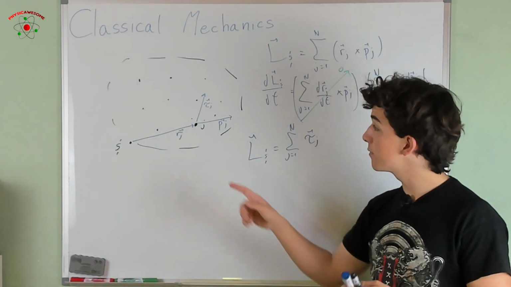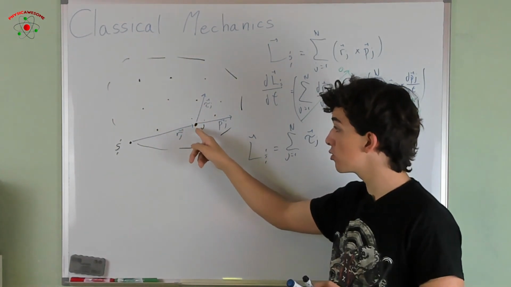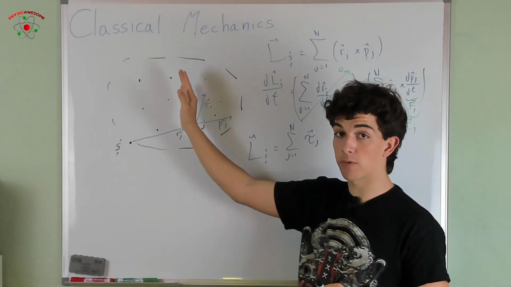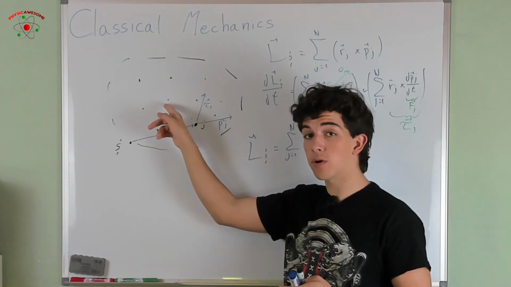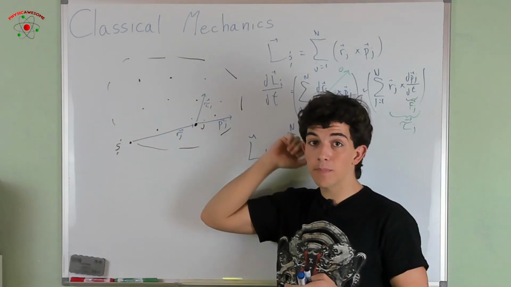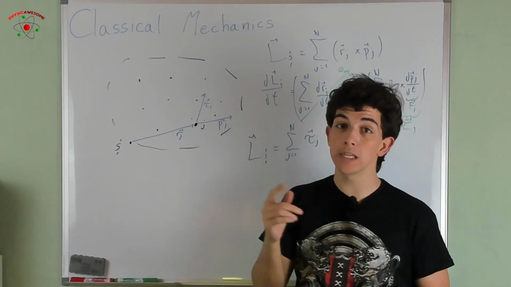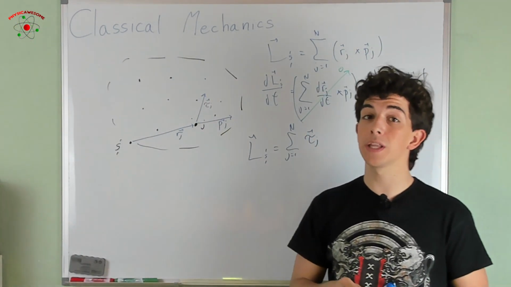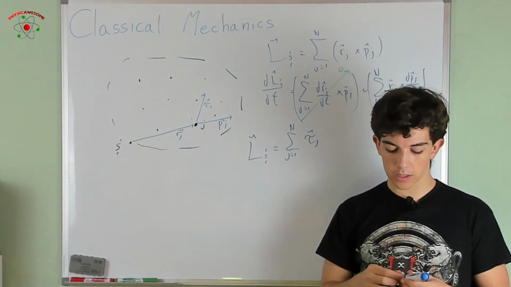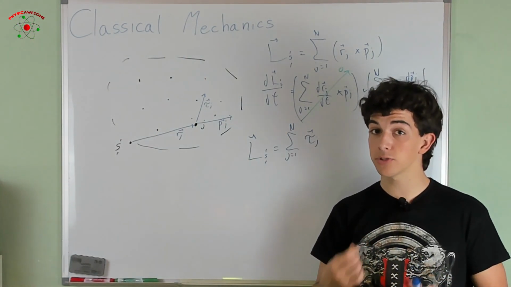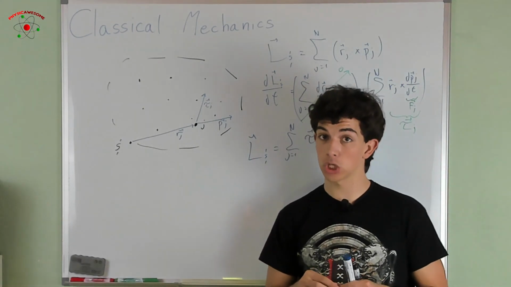However, if this particle generates a torque on this other particle in this direction, this other particle is going to generate on this particle the same magnitude of torque, but in the opposite direction, which will imply that opposite torques, the pairs, the internal torques, will cancel each other.